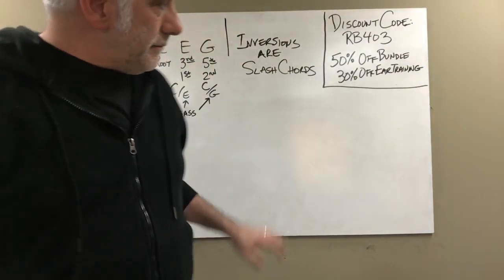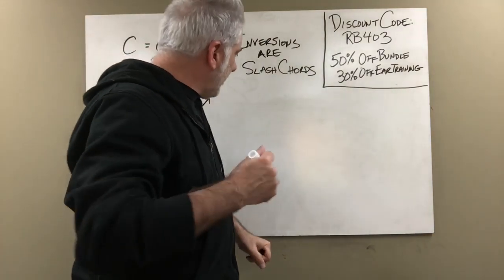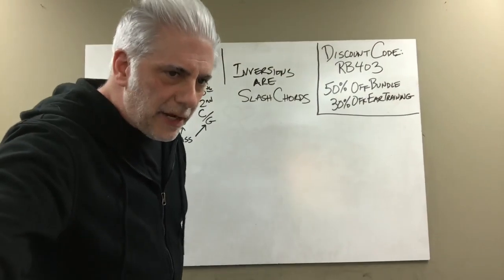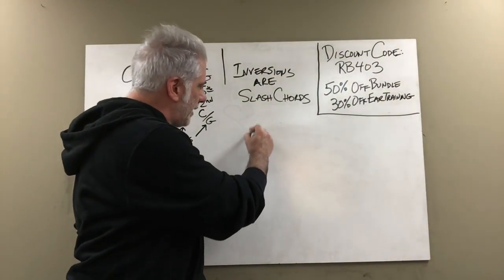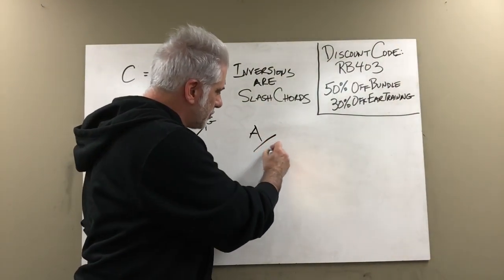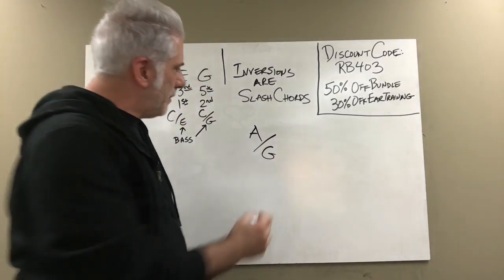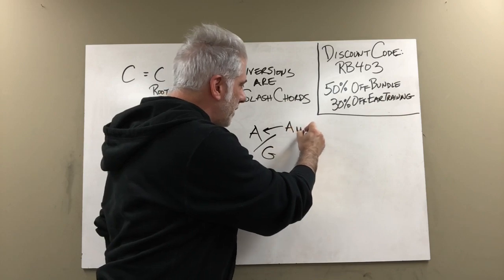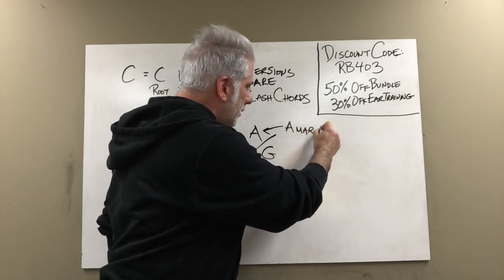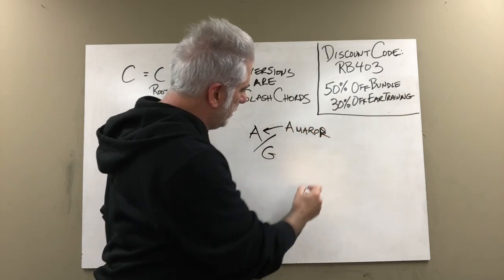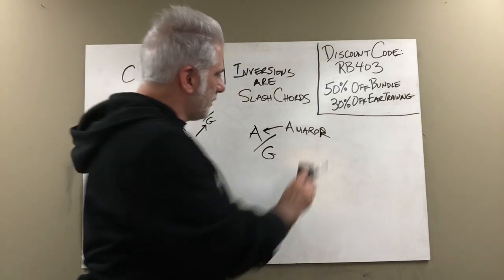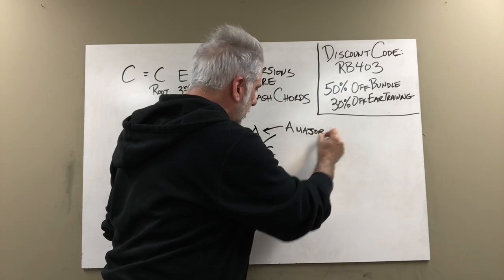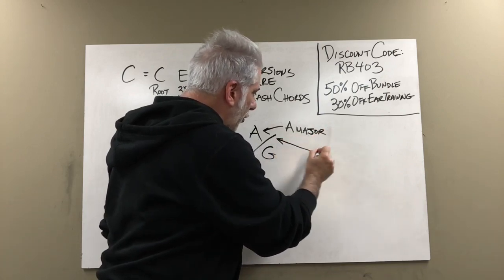So triads over bass notes. Let's say that you have this. I played that in that Beatles song, In My Life. I played A over G. That means A, there's your slash, G. That's where the slash chord comes from. That means an A major triad. This line means over.